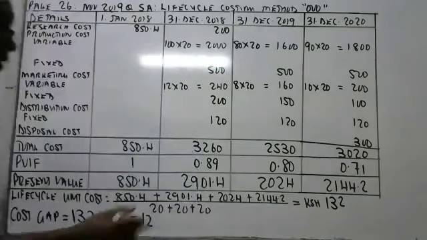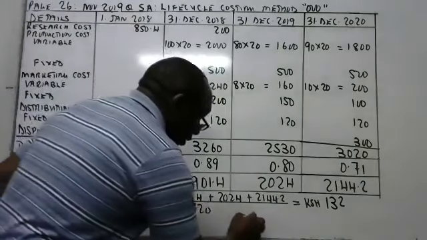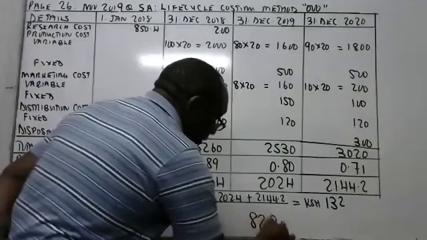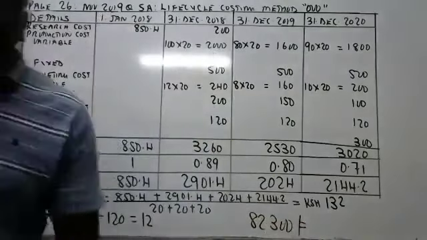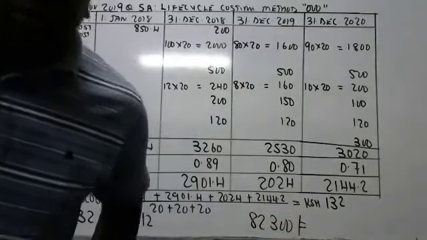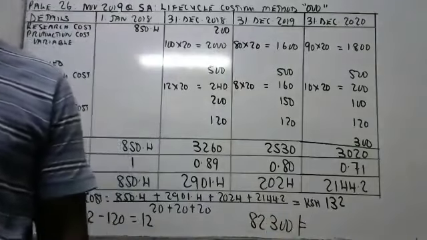Umesema yako imekuja 82,300. I think that should be the correct answer. Even Jude is agreeing with that 3.